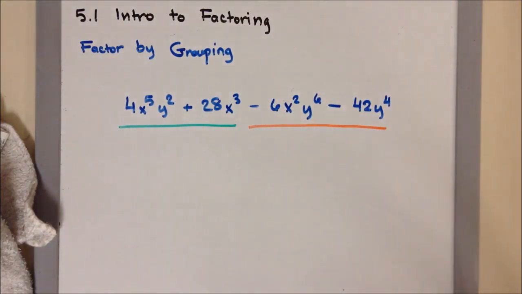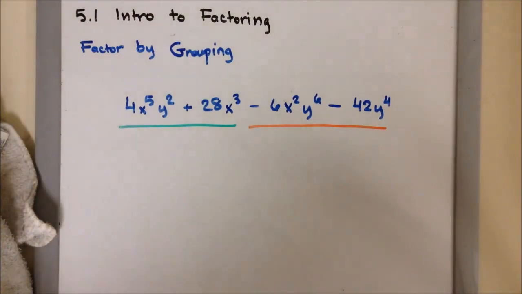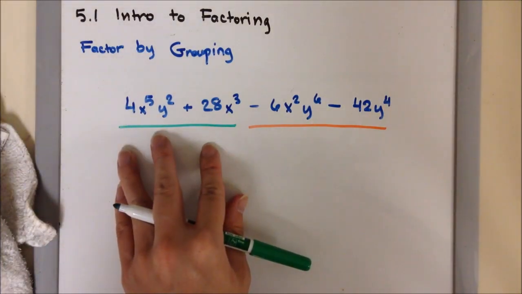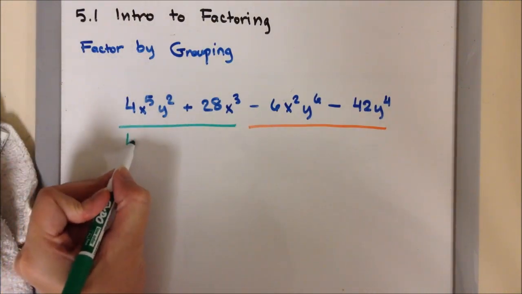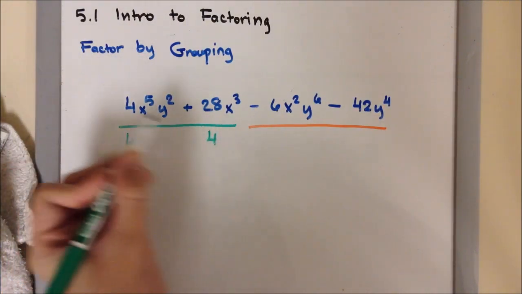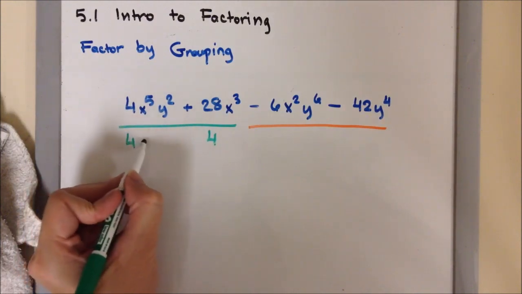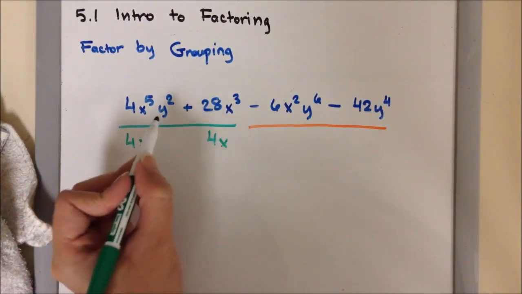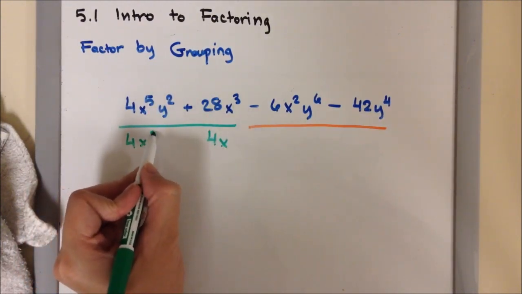Alright, so let's look at our GCF on the left side. Both of these can be divisible by 4. Now they both have x, so we gotta divide by x. The lowest exponent is the 3.